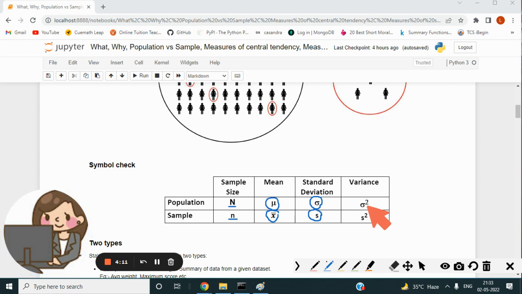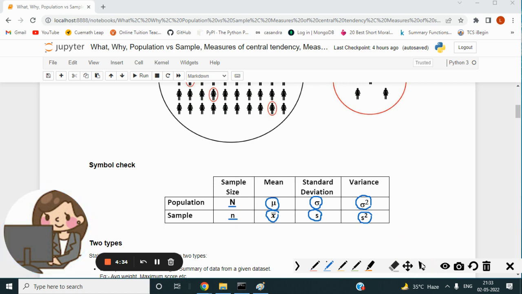Variance, as we are aware, is the square of standard deviation, so it is referred to as sigma square for the population and s square for the sample. In detail, we'll see later in today's tutorial what mean, standard deviation, and variance are, but for now we should understand the meaning of these symbols.